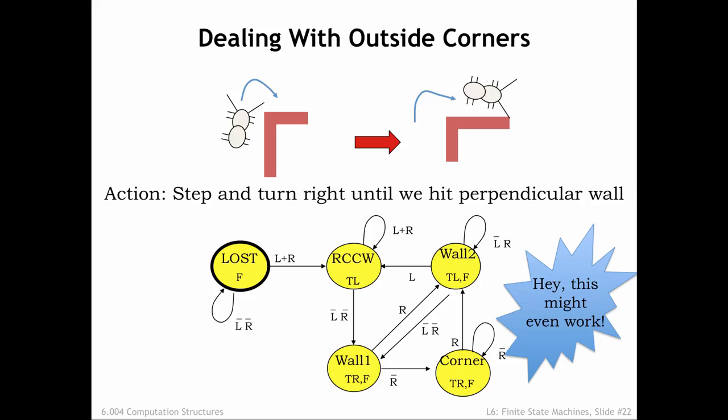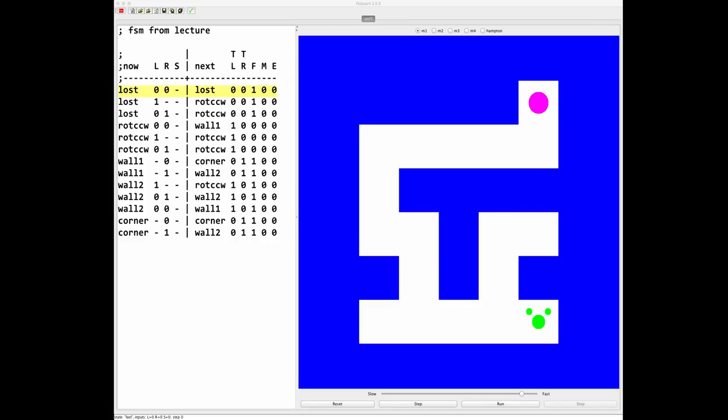Let's try it out. Meet the RoboAnt simulator. On the left, we see a text representation of the transition table for the FSM brain. Each action line specifies an input pattern, which, if it matches, will set the next state and output signals as specified. This particular version of RoboAnt allows the ant to drop or pick up breadcrumbs and to sense breadcrumbs it comes across.